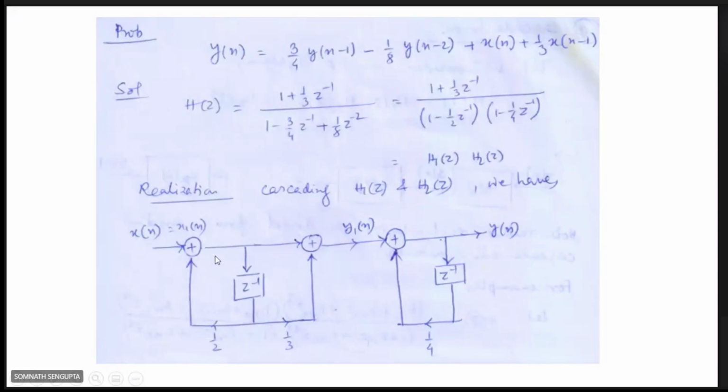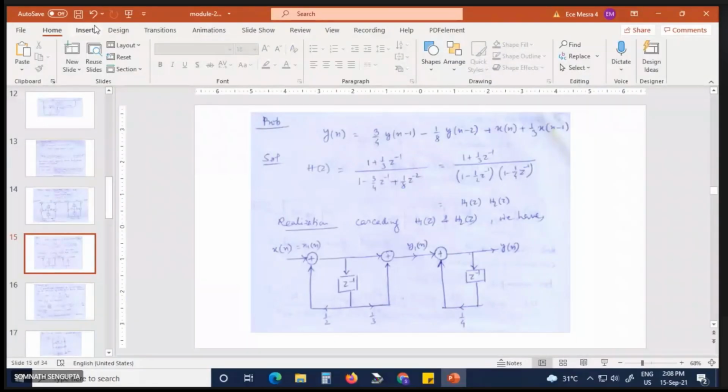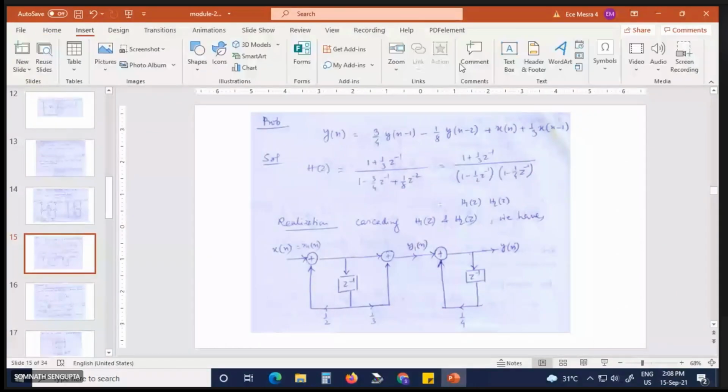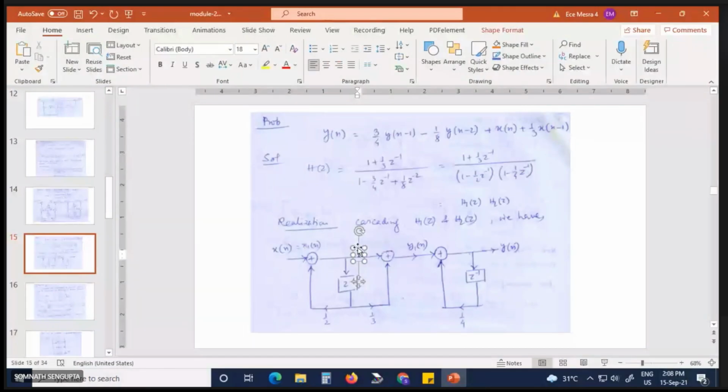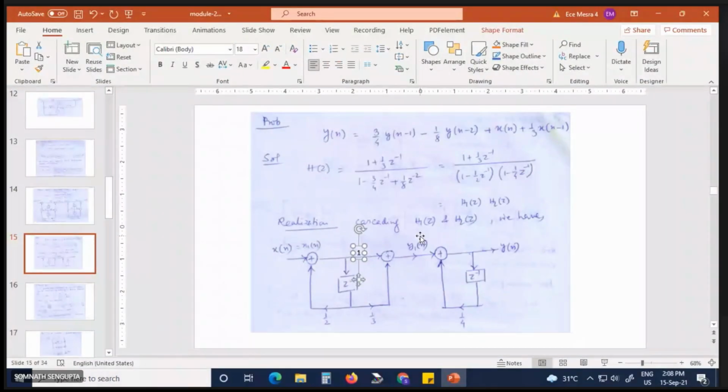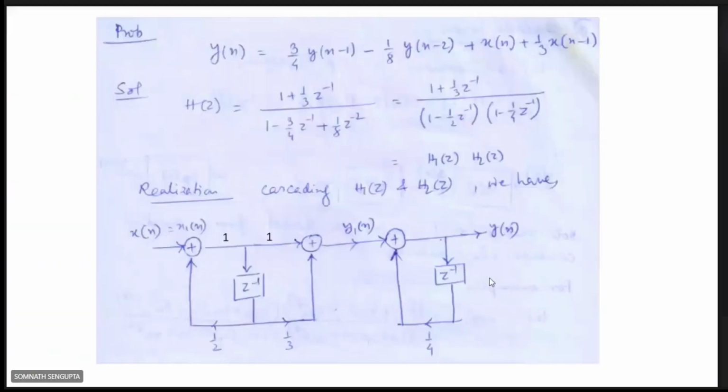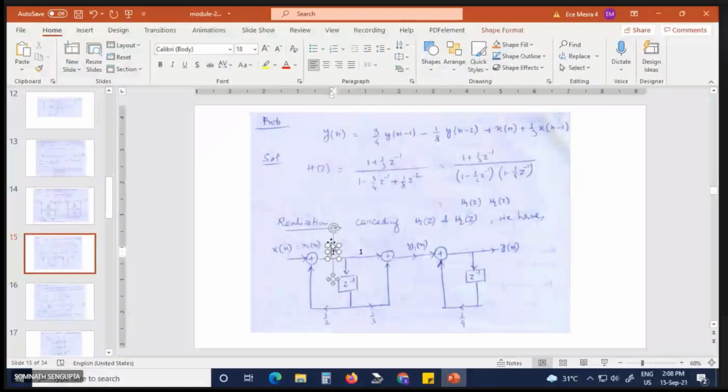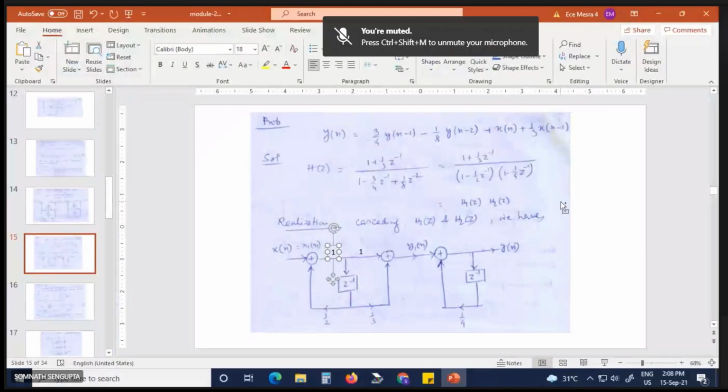Let me write here, then it will be clear to you. This is 1, and this is also 1, and similarly this is also 1.